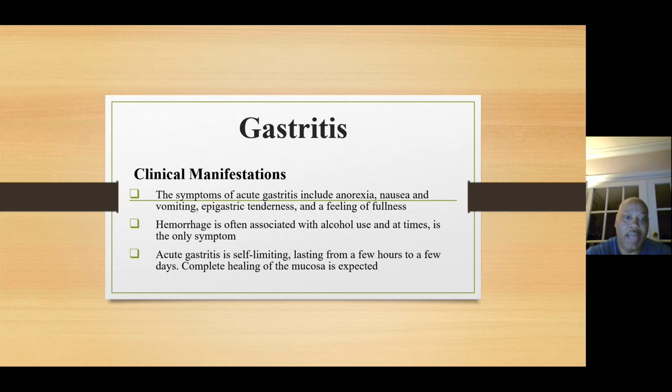However, when parietal cells are lost because of atrophy, remember the parietal cells are beneath the mucosa, and with this gastritis, sometimes it causes the tissue to atrophy, and of course you can't produce enough intrinsic factor.